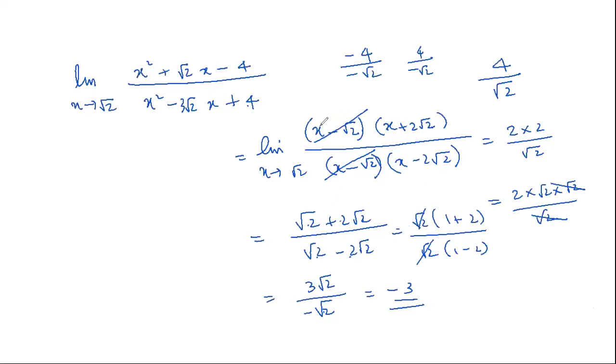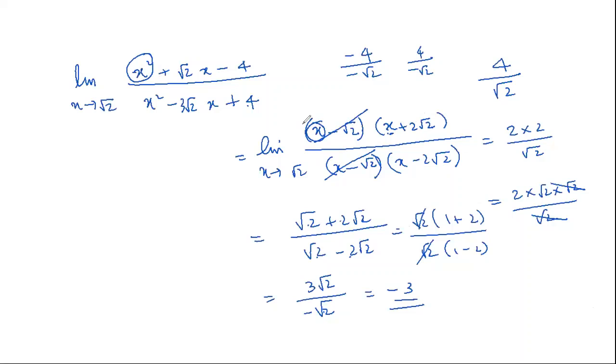Sir, I did not understand the factorization part. Which one? Yeah, this one. You tell me how you do the factorization. First thing, x square has to be divided by x. So you got x. Is that okay? Fine. How do you get the factors?